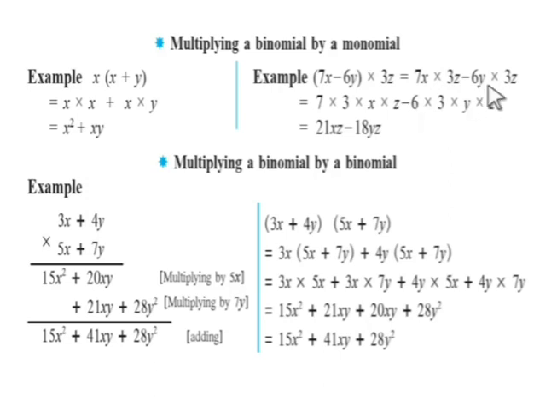Then again multiply the coefficients of 6y and 3z, that is 6 multiplied by 3, then multiplied by y multiplied by z. Now here 7 3s are 21, x into z is xz. So here you will get the first term as 21xz minus 6 multiplied by 3 multiplied by y multiplied by z, is 6 3s are 18, 18yz.